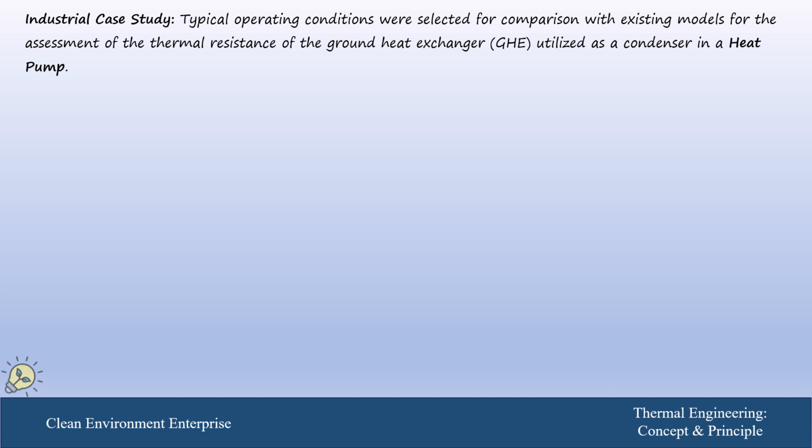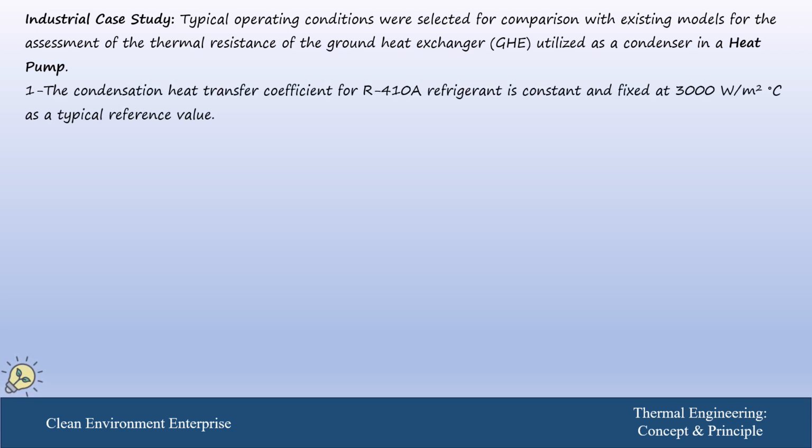It is used to cool down a place such as a room, a store, or a domestic place, and the condensation heat transfer coefficient for Freon R410A corresponds to 3000 watt per meter square degree centigrade, which is a typical value used in this application.